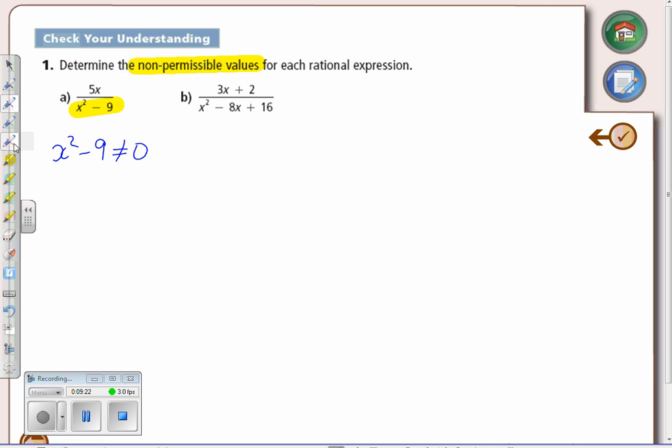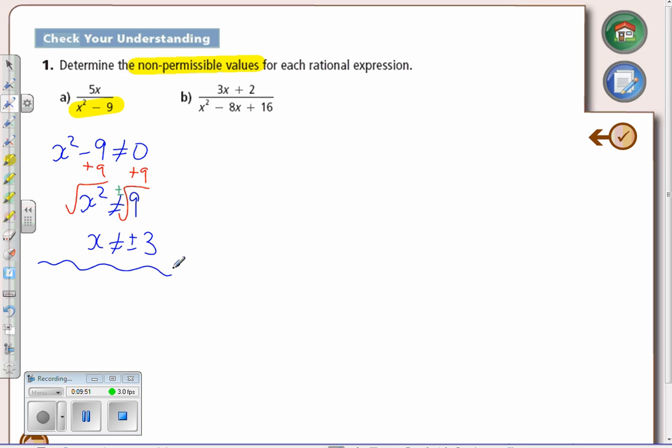Add the 9 to the other side. We've now got x squared cannot equal 9. Square root both sides. When you take the square root, plus or minus in front. So then we get x cannot equal plus or minus 3. If I put a positive 3 or a negative 3 in for x, the denominator will be 0.